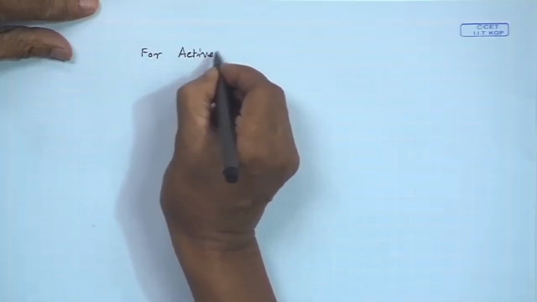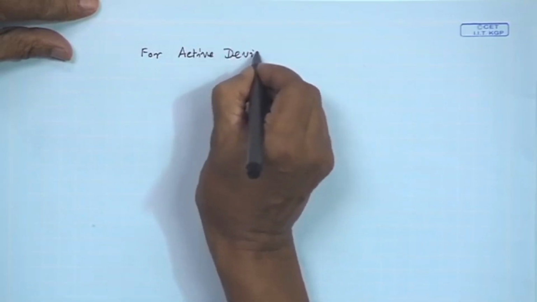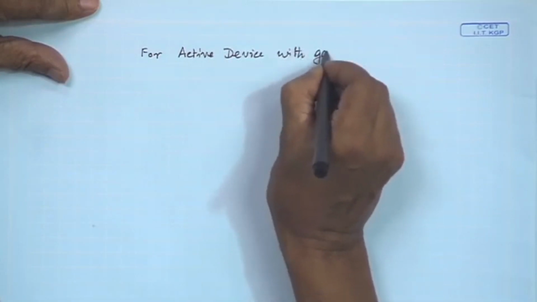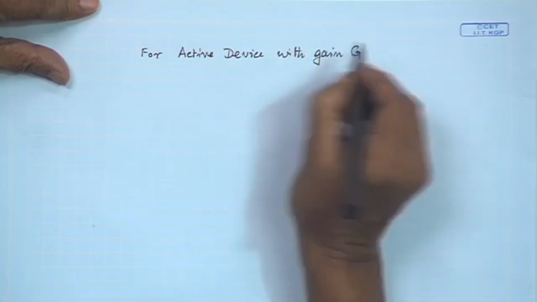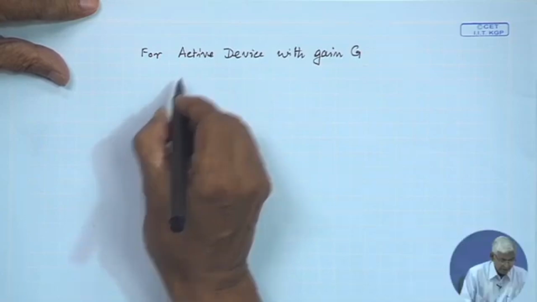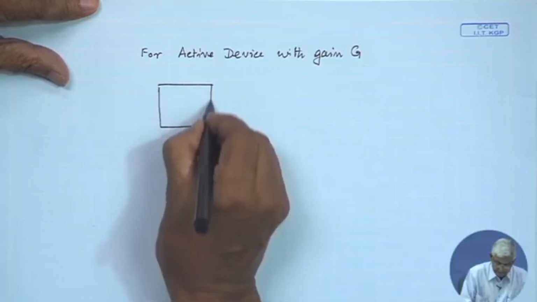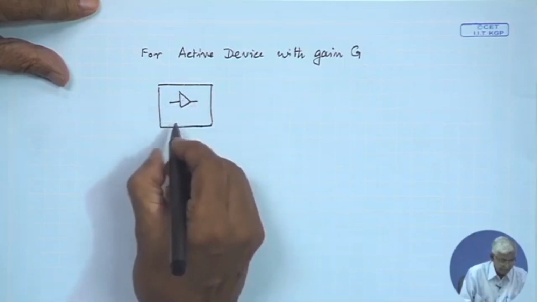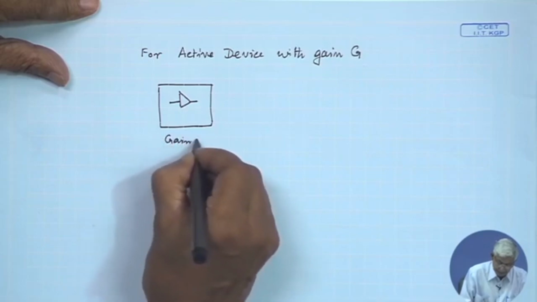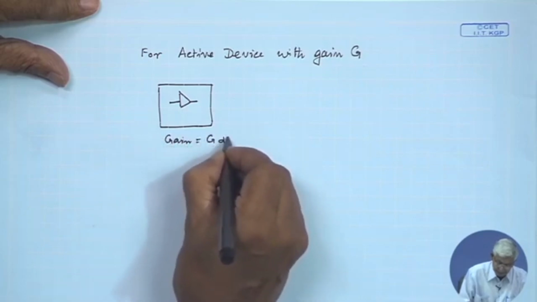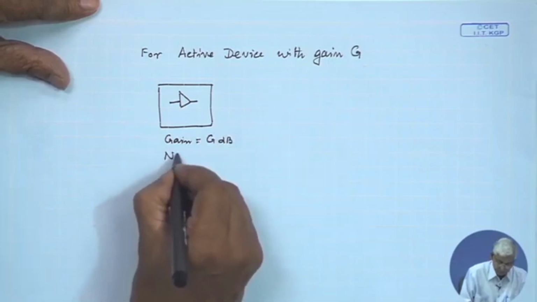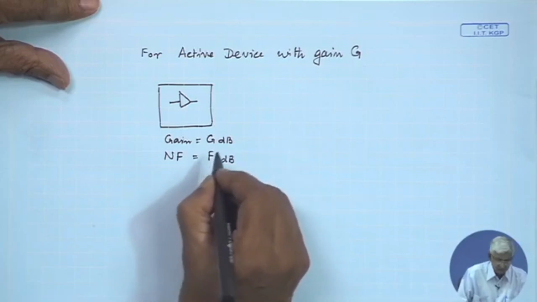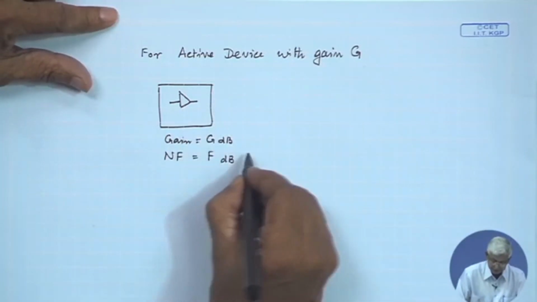For an active device, it has a gain of G. You can write it this way: an amplifier, and the gain is G in dB, and the noise figure we write as F in dB, capital F. Earlier I was always using capital F just to distinguish.